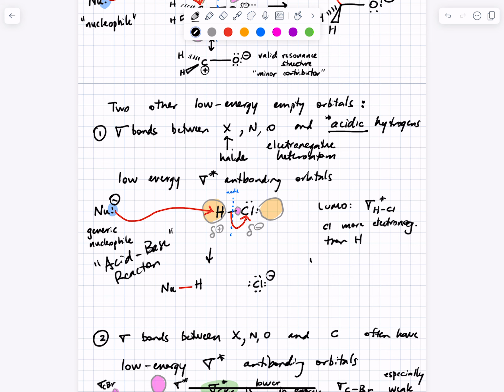Another way we'll call this is a deprotonation reaction, because the nucleophile is removing the proton from the acid. But in every deprotonation reaction, the nucleophile is dumping electrons into the sigma star on the hydrogen. And that's why you break the bond between hydrogen and the chloride.